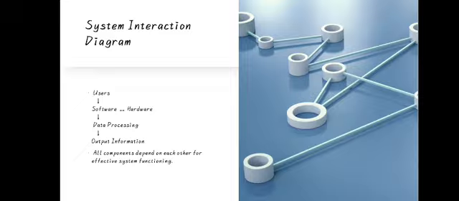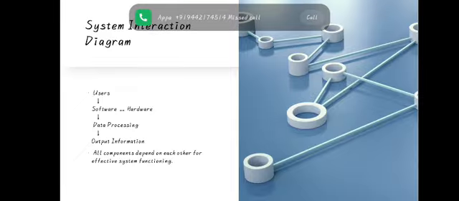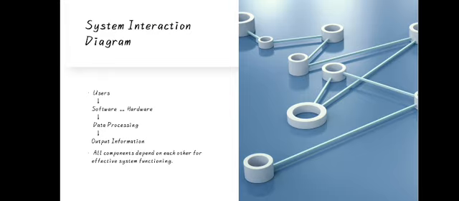Once again, the system interaction diagram: users, then software to hardware, then data processing to the output information. All components depend on each other for effective system functioning.